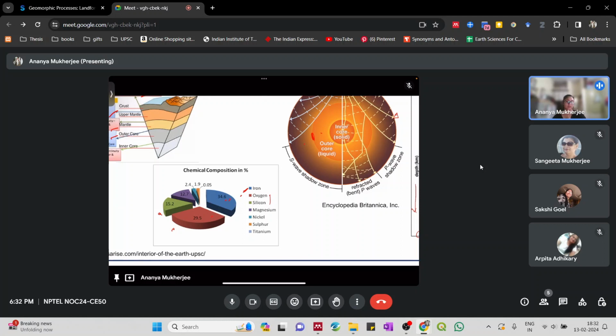So you can have iron in the form of silicates. That is why we understand that the proportion of silicon and oxygen is much higher compared to all the other elements that are present.